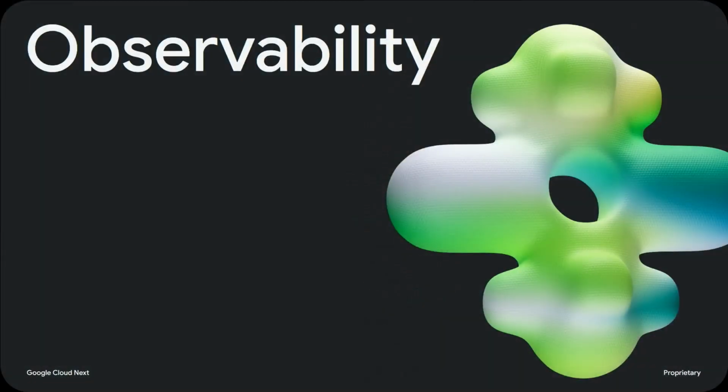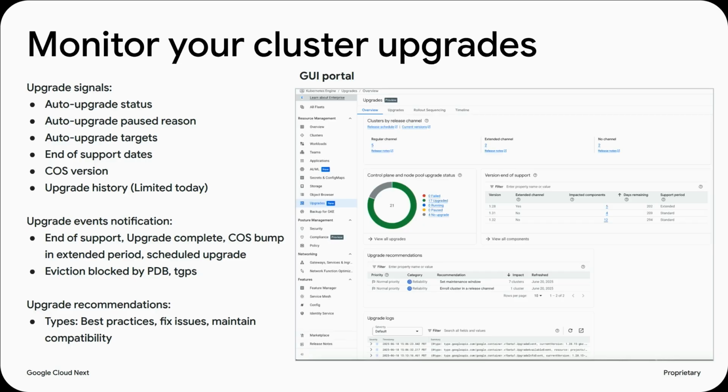Now on to observability. In terms of upgrades, we have a lot of different ways to monitor the upgrades. We have functionality to plan for upgrades, to review upgrades in progress and past upgrades. We have a GUI portal.